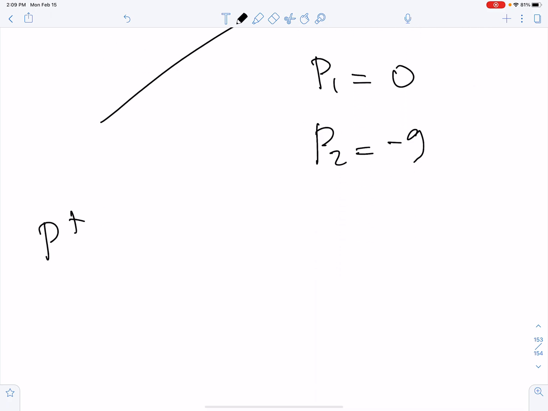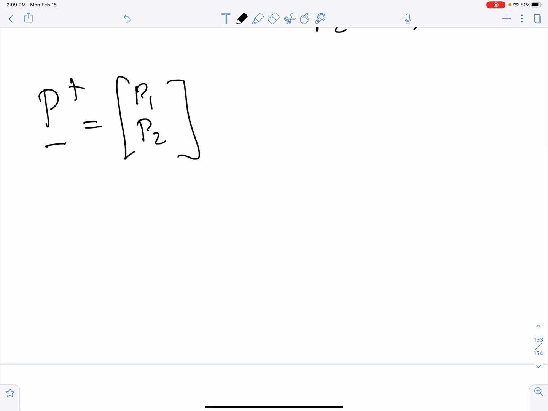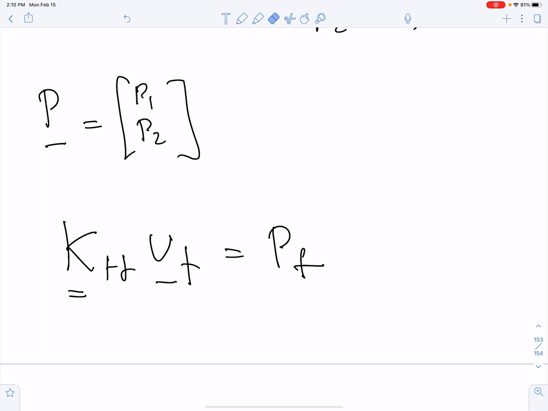Recall that this was our PF. It was P1, P2 like this. And now I have a system to solve: KFF times UF equals PF, to make the subscripts consistent.